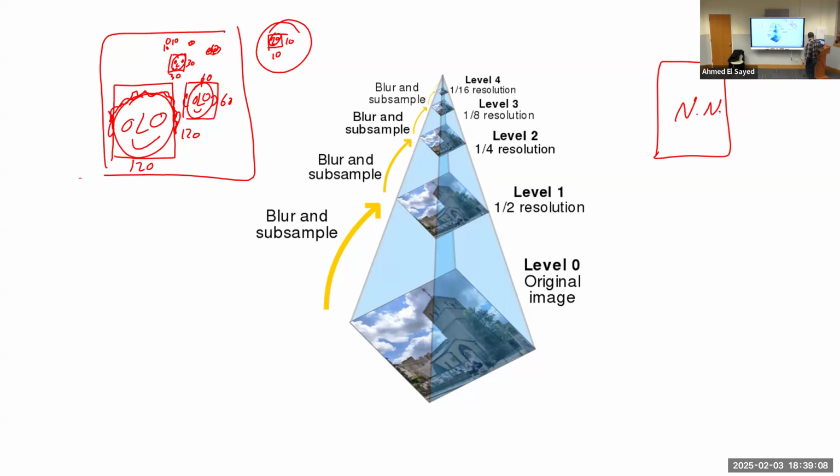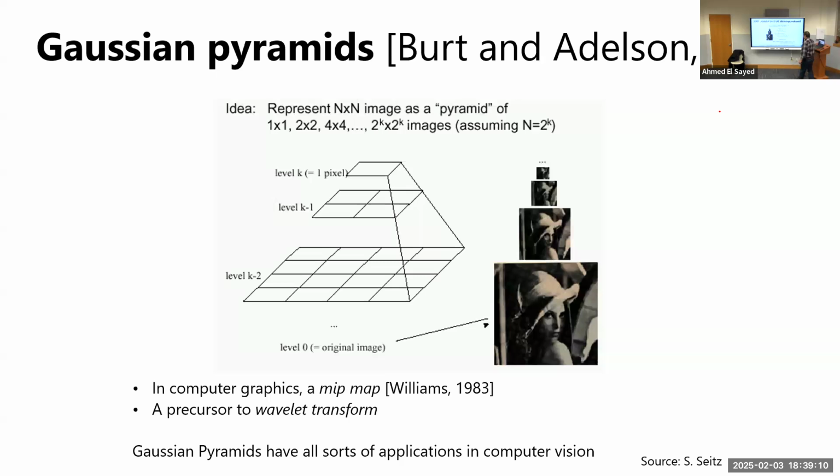How can we build it? I will start with the original image, then apply the kernel to blur it, then sample, then another version, sample, another version, sample, and keep doing this until we build the levels of the image we would like.